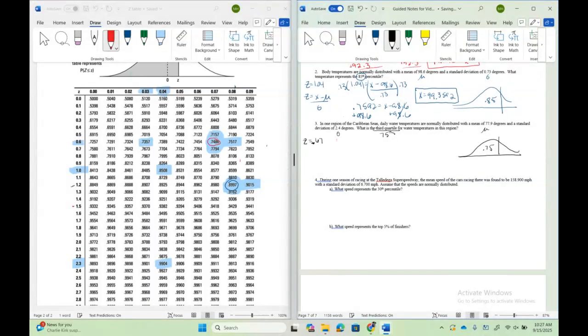So we're using that formula to solve for x. I'm going to say 0.67 equals x minus 77.9 over 2.4. So I multiply by 2.4 on each side, and I get 1.608 equals x minus 77.9.